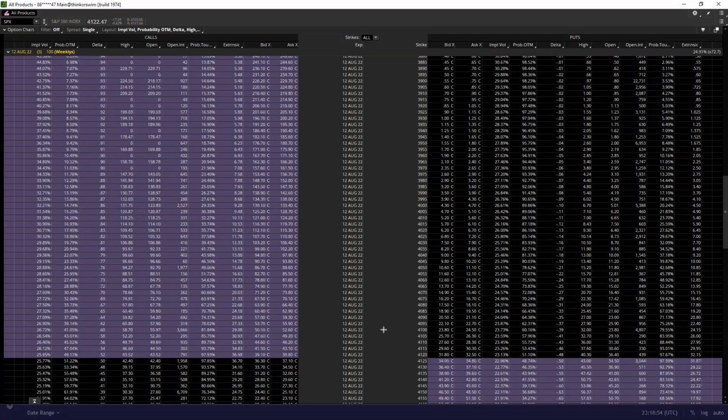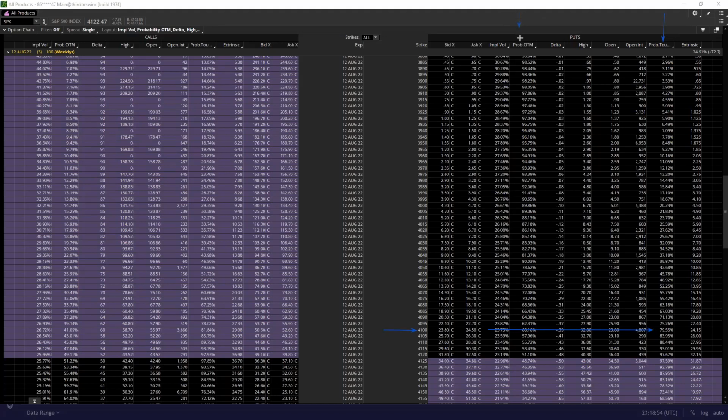If we want to know the chance between now and Friday of price touching 4,100, we look at the probability of touching, right? And that is, as I anticipated, quite high. It's almost 80% chance of us touching the 4,100 level. Then we can also see the chance of us closing below 4,100.